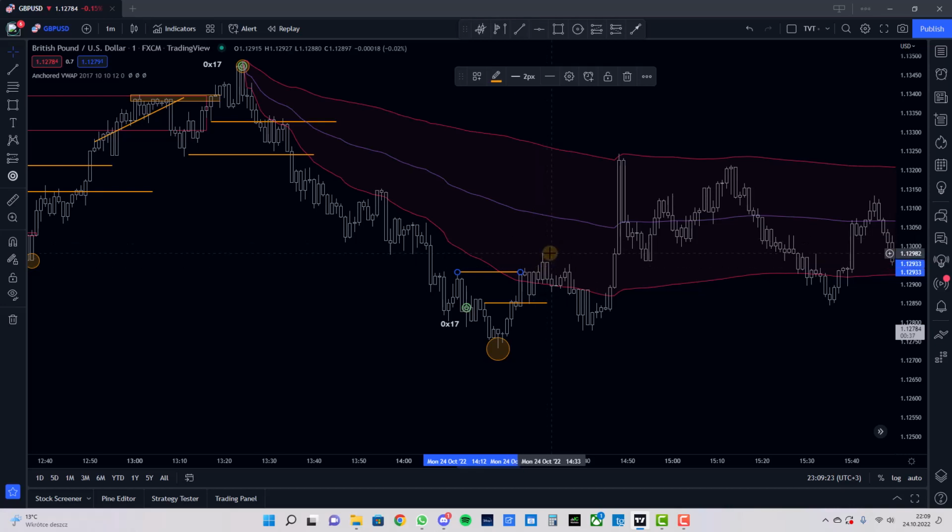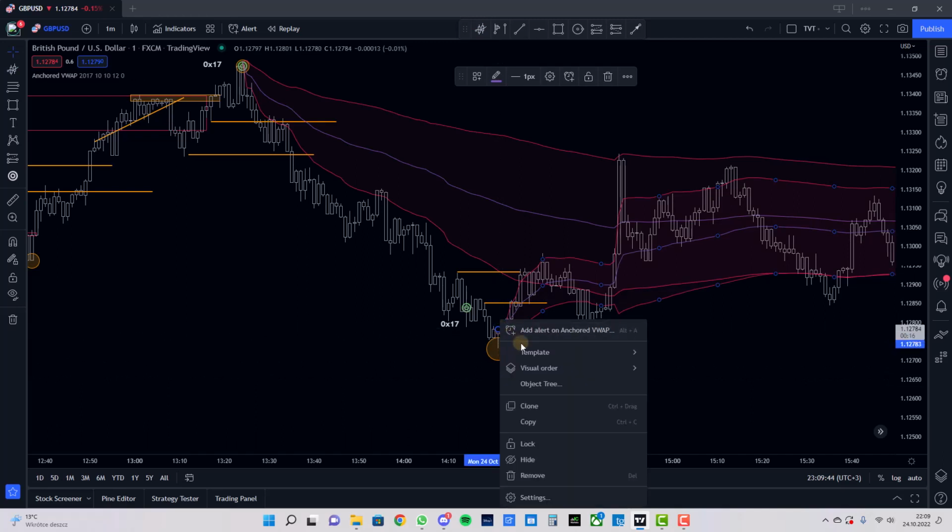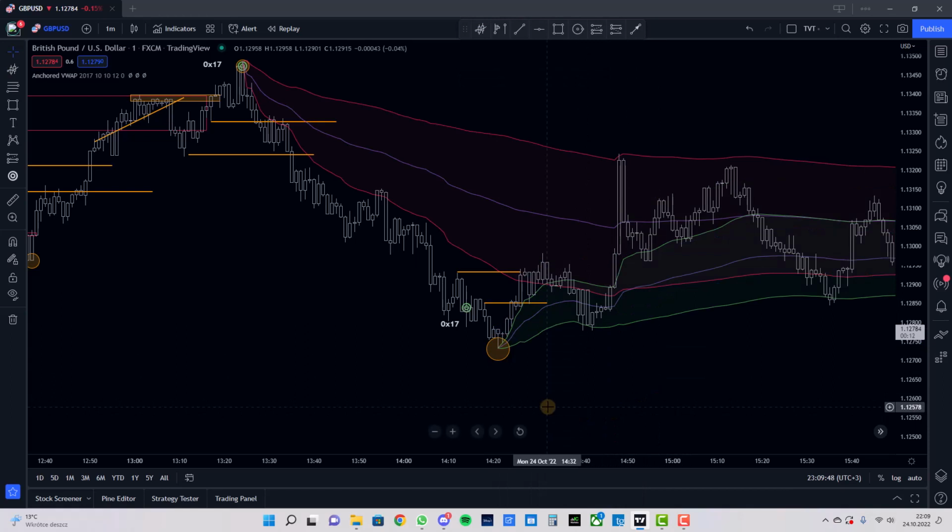So if this happened, I would like to put the VWAP, because this move can mean that some buyers are doing something, so maybe I'm able to join them. Remember, this is still reading only the M1 time frame without looking for bigger zones.